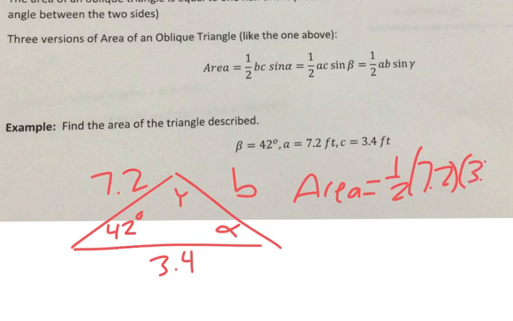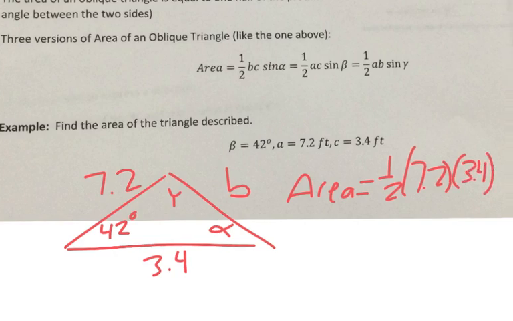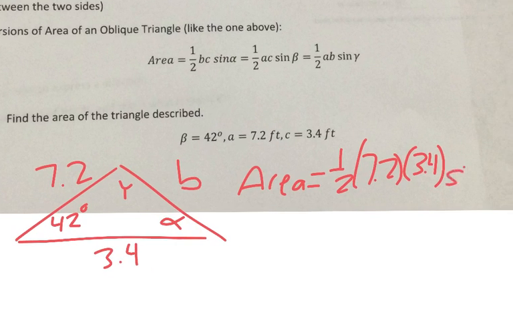The area is 0.5 times 7.2 times 3.4 times the sine of the angle between them, which this time is 42. In this problem, I have one unknown, the area, and it's already isolated. So I just plug the rest into my calculator, making sure I'm in degrees: 0.5 times 7.2 times 3.4 times sine of 42.